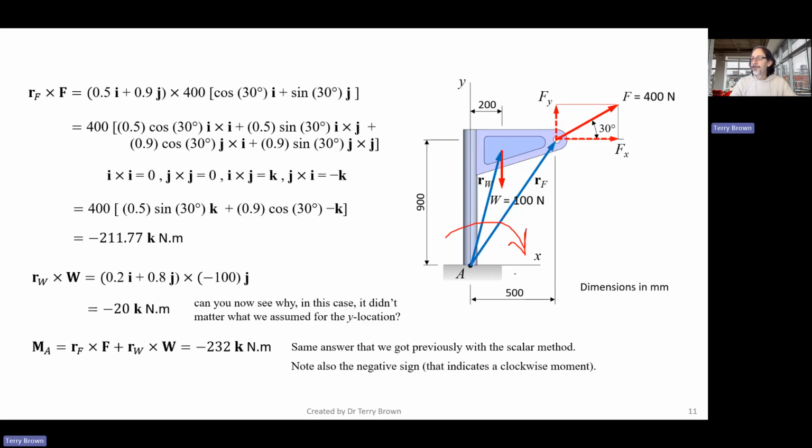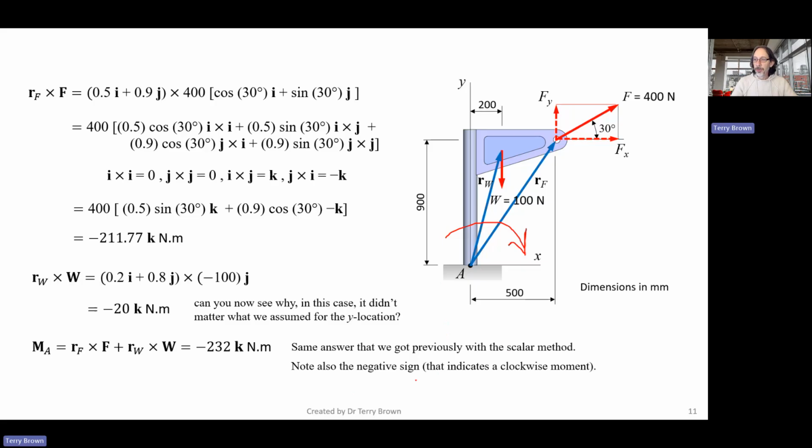Okay, so using the right-hand rule, if you do that into the page, your thumb points into the page, so it's in the negative Z direction.